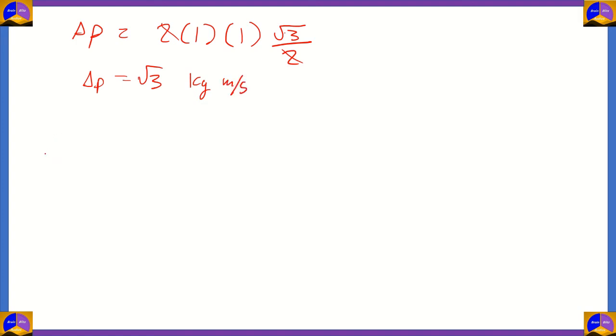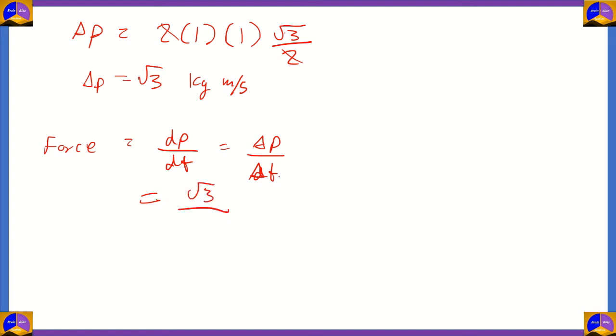Now, according to Newton's second law, force is equal to dP divided by dt. dP is equal to delta P, dt is equal to delta T. So change in momentum is root 3 divided by the time period given, 0.1 seconds.